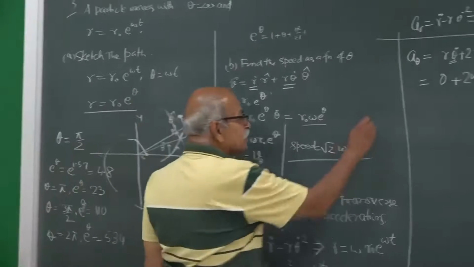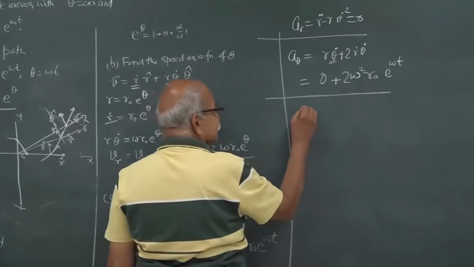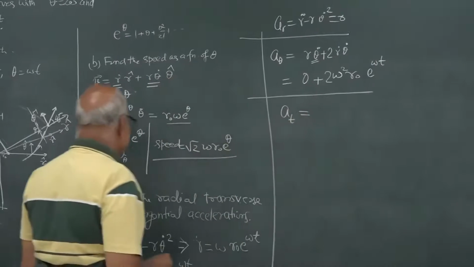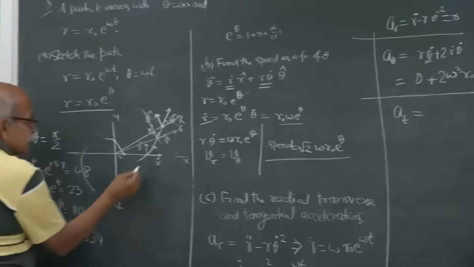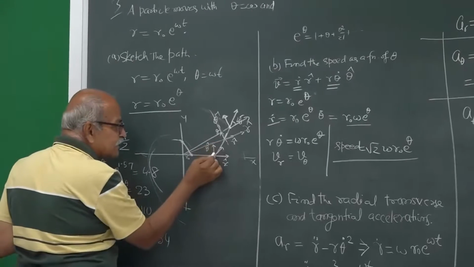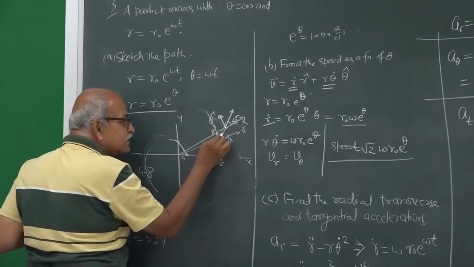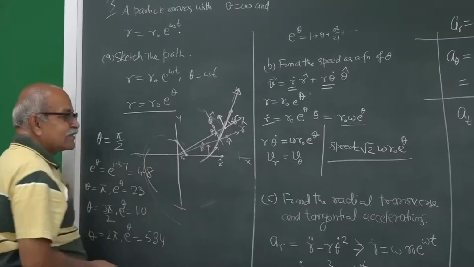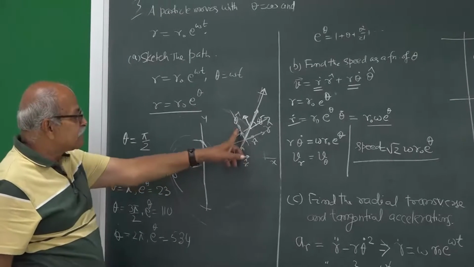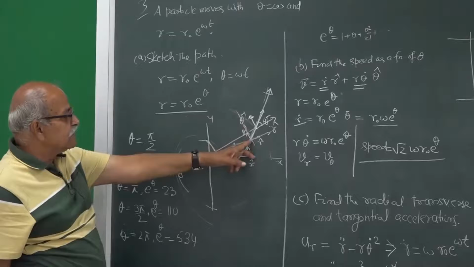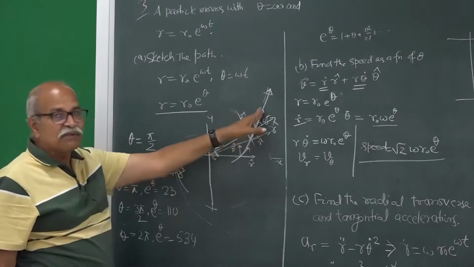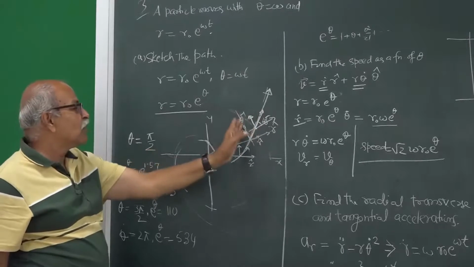And tangential acceleration, a_T, you can write. What is that? Acceleration along the tangent. If this is the path, then this is the tangential direction, and in that direction, what is the acceleration? In the theta cap direction you have the full acceleration. So, for the tangential component, you just multiply by the cos of that angle.